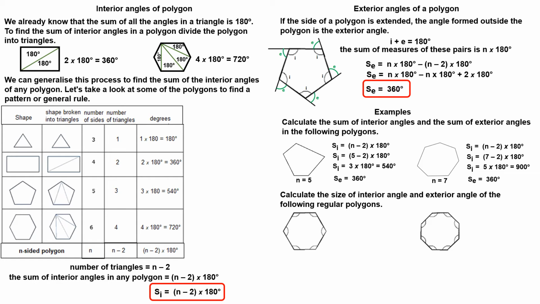First, let's calculate the sum of the interior angles, as we did in the previous example. In a hexagon, n is 6. Take the formula, change n by 6.